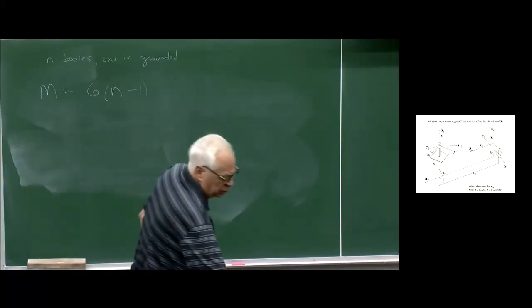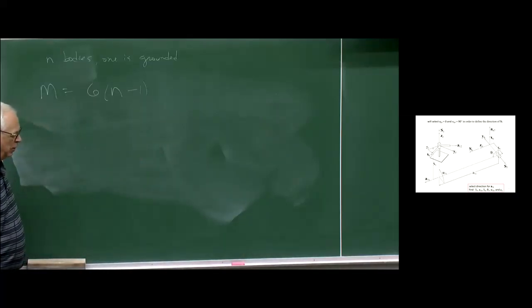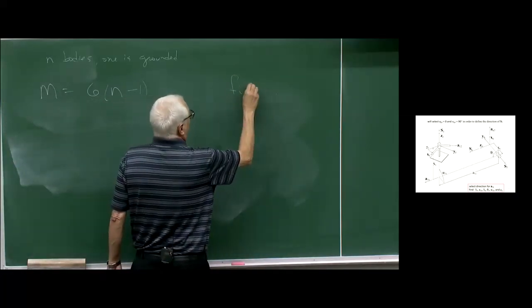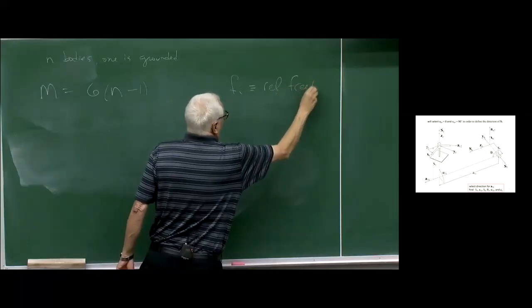And then we introduced these joints, and when we looked at the simple joints, we said that a revolute joint allowed one freedom, and a prismatic allowed one freedom, and a cylindric allowed two freedoms. So for joint i, let F sub i represent the relative allowable freedoms of joint i.